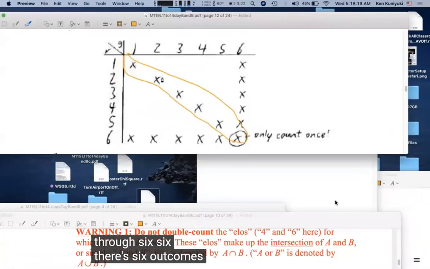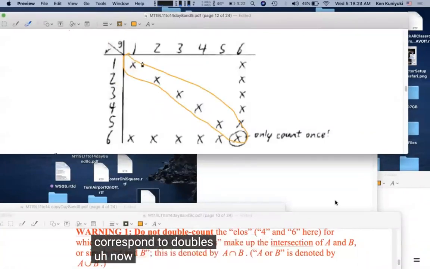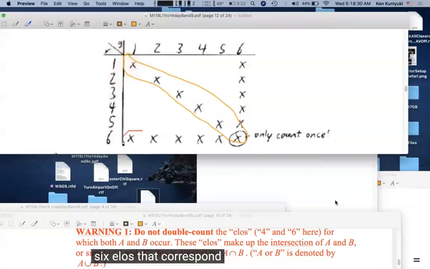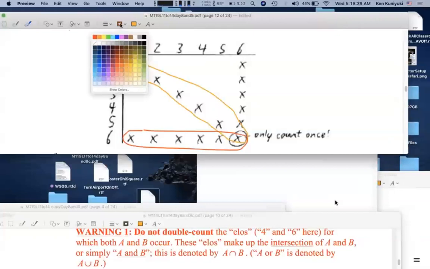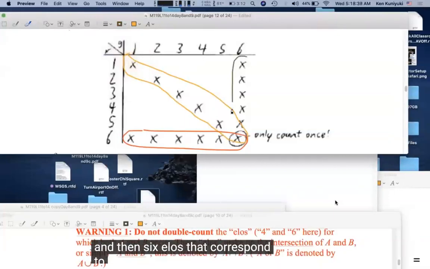There's 6 outcomes, 6 ELOs that correspond to doubles. Okay. Now, in addition, we have 6 ELOs that correspond to a 6 on red, and then 6 ELOs that correspond to a 6 on green.